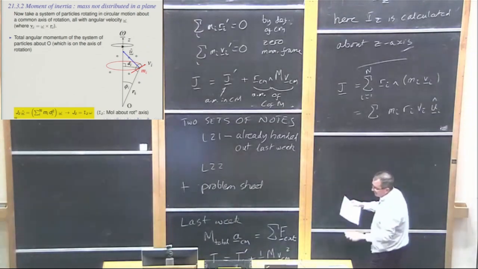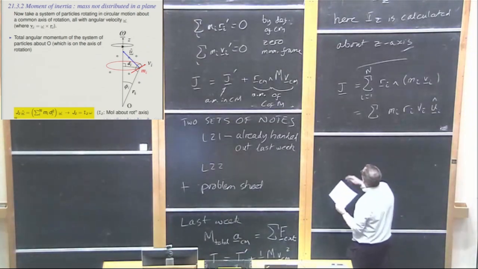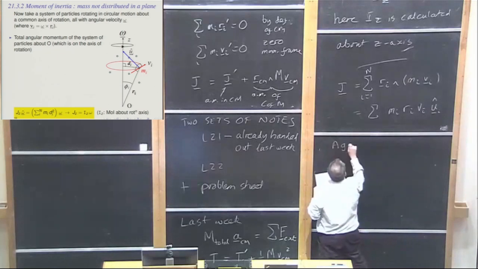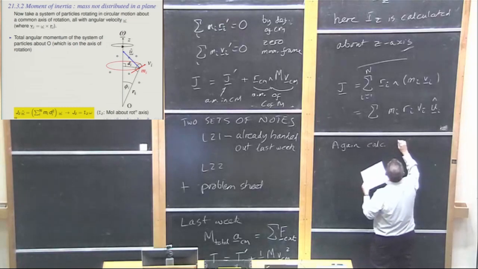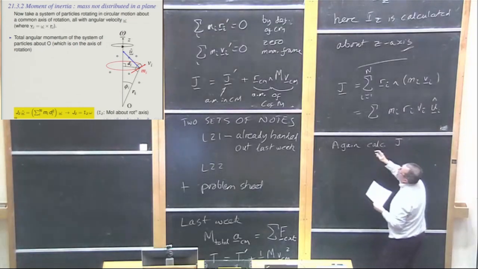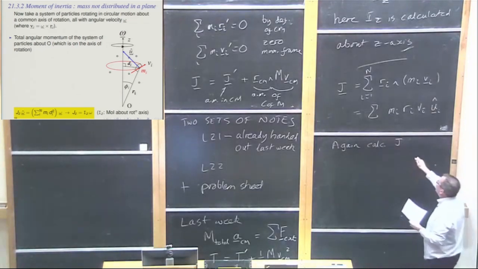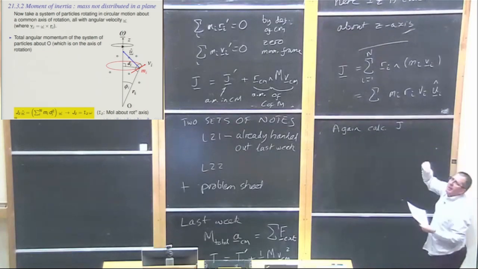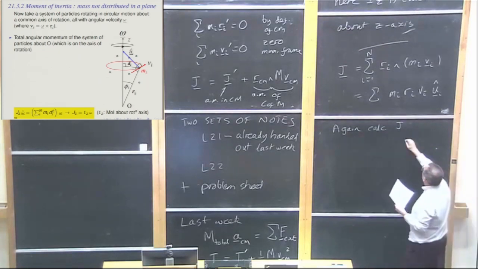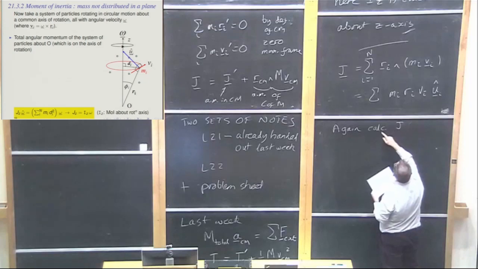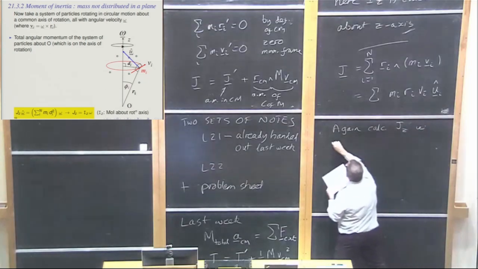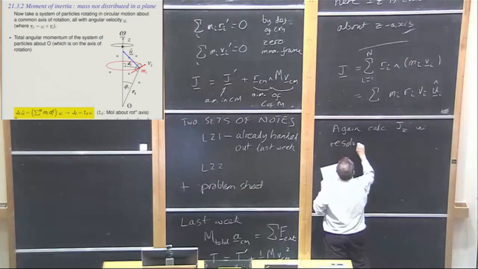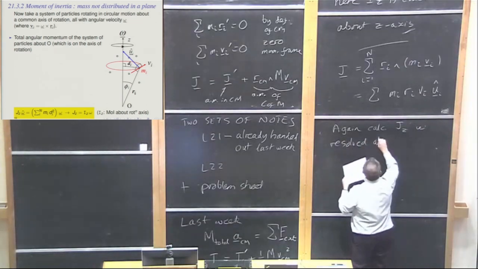Okay, so let us initially, again, calculate the contribution resolved along the z-axis. After doing that, we'll come back and write a more general expression. So calculate Jz, i.e. resolved about the axis of rotation.